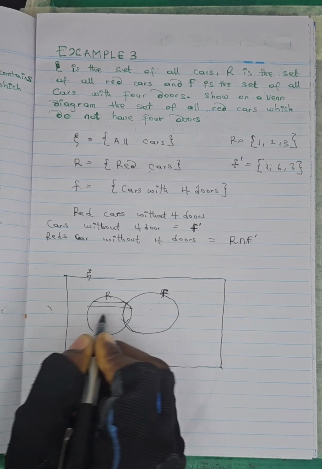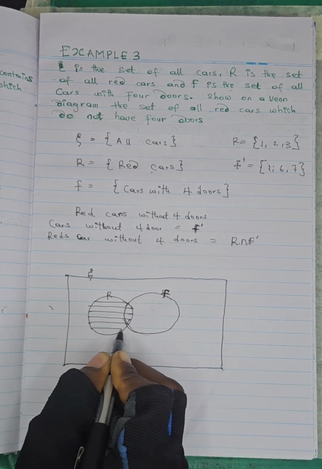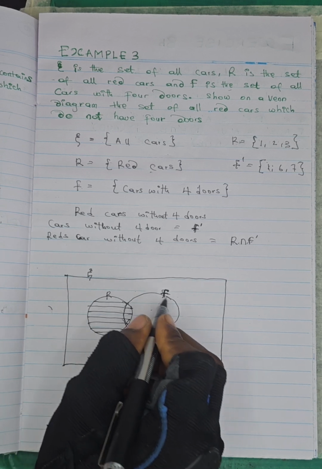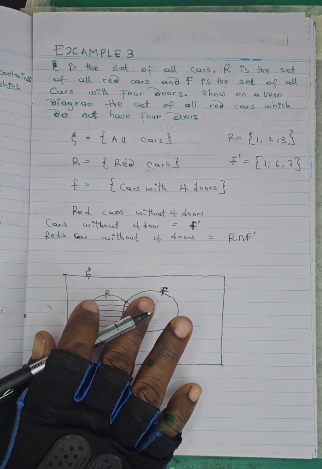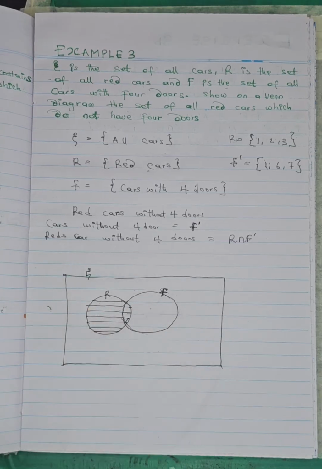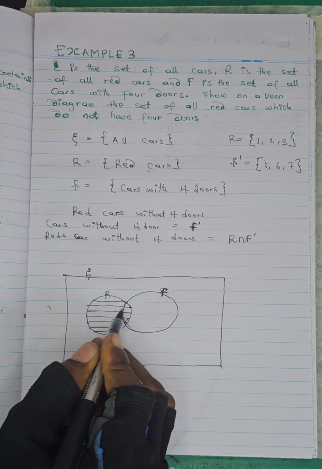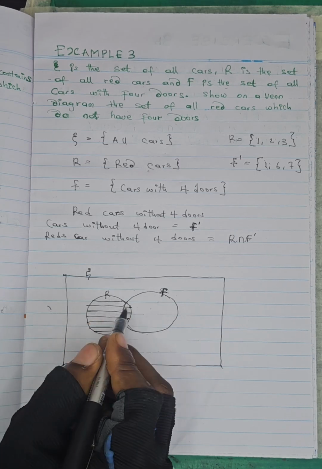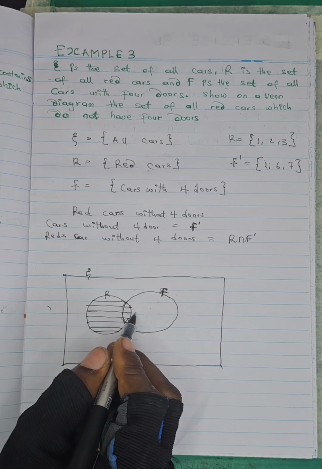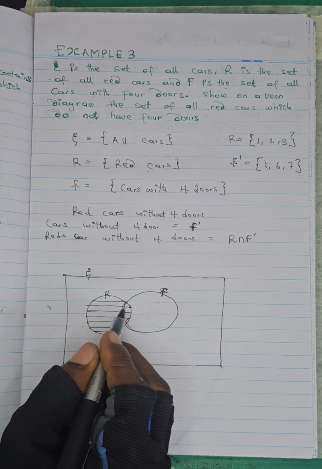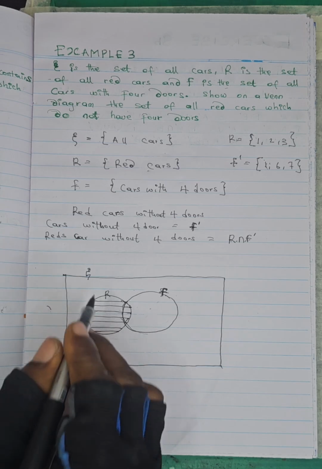Let me draw a horizontal line. And let's say all the cars that have 4 doors are represented by no shading, so I'm not going to shade anything in F. Here, this is the intersection of R and F, which is red cars with 4 doors. That's why this horizontal line crosses here, because the horizontal line represents R.